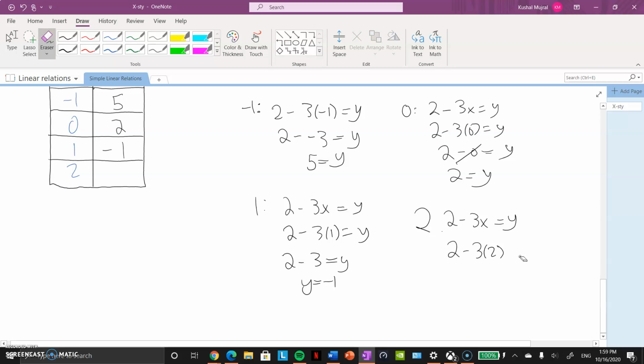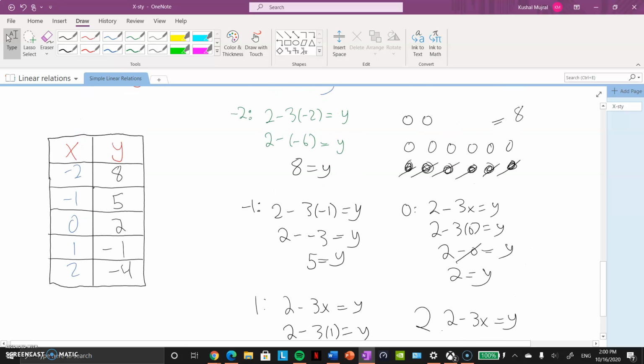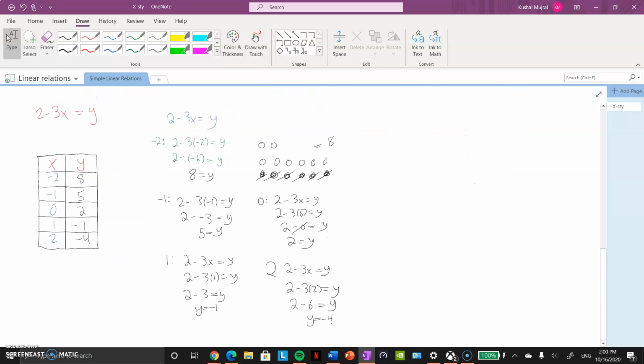So 2 minus 6 equals y, and y equals negative 4. Okay? So, table of values are finished, and that's simple linear relations.